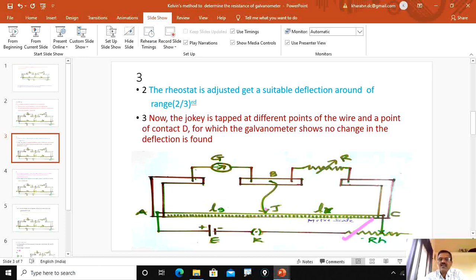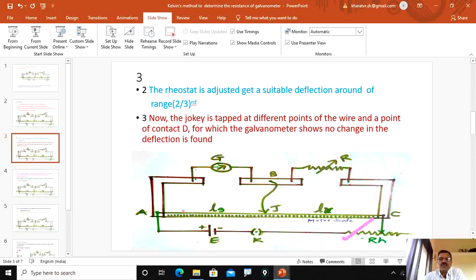There is a sliding key called the jockey, that is a rod, and we can slide the rod and touch it at different points of the wire. It is called the jockey.